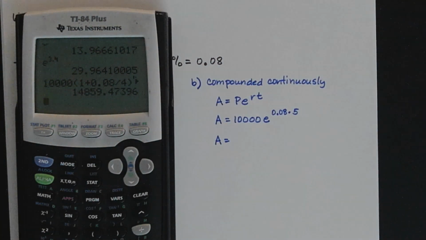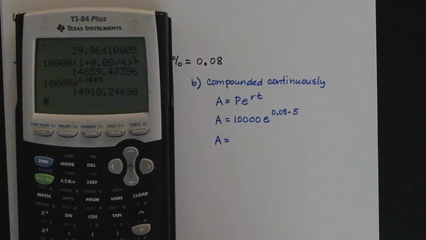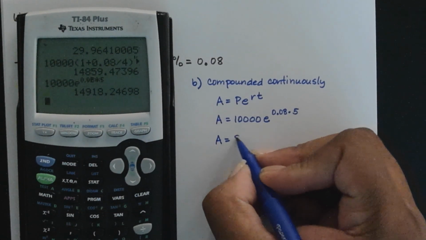So in this case, we'll type in 10,000. And then for the e, of course, second LN for your e, then 0.08 times 5, and then hit enter. And to 2 decimal places, what would this amount be?